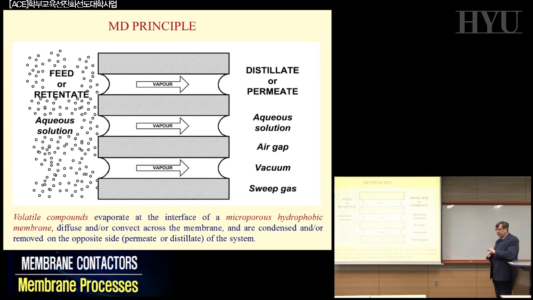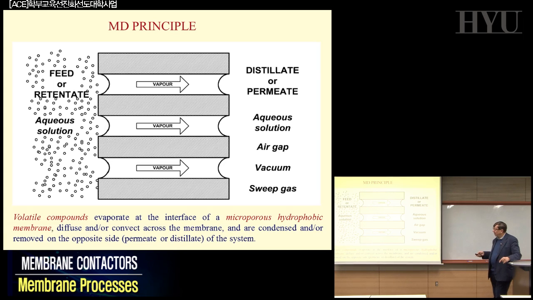If the liquid penetrates, the system does not work. So we can anticipate that the problem of fouling that we discussed for reverse osmosis and ultrafiltration will be different in membrane distillation.